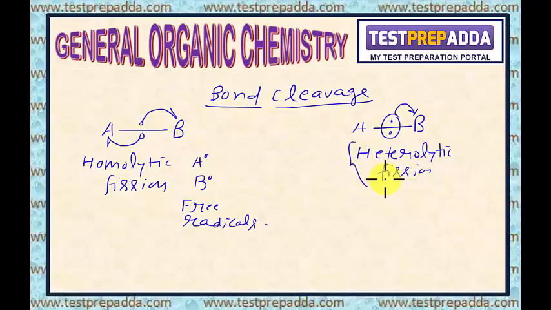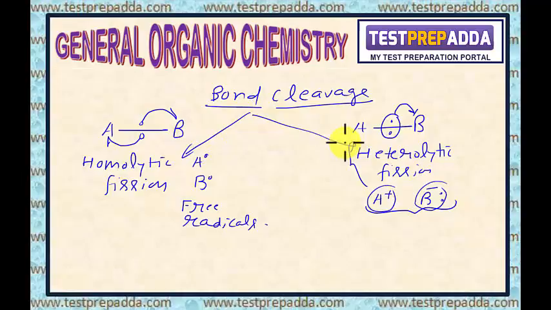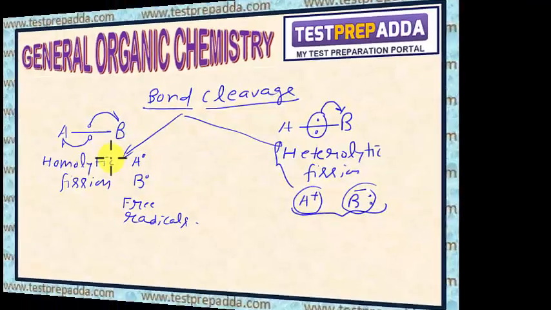My point is clear. Now, here what will we get? We will get A plus and B minus. Means we are getting ionic species. My point is clear. So, two type of bond cleavages are there. Homolytic cleavage and heterolytic cleavage.